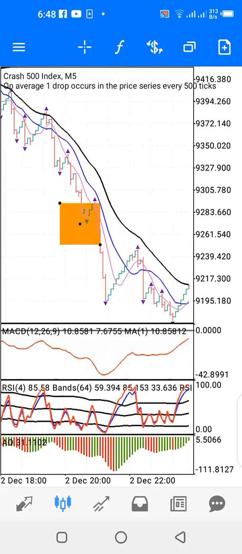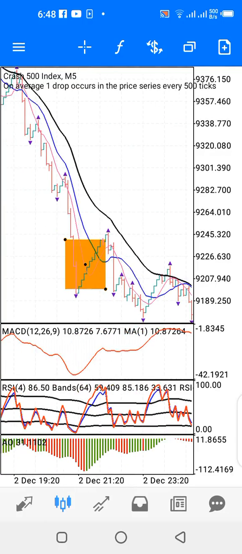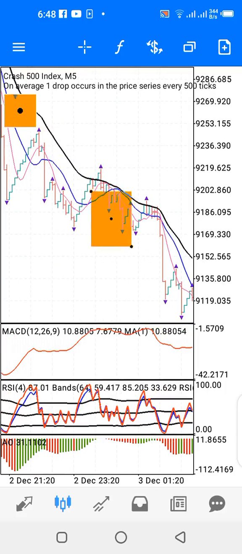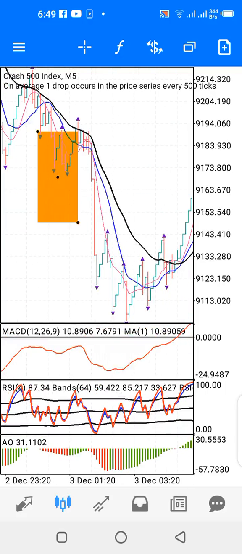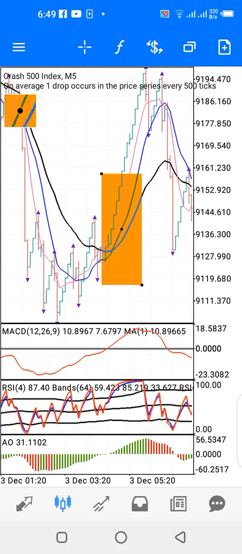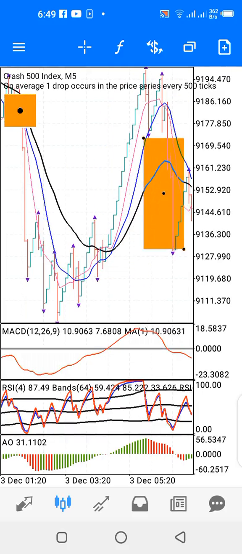The spike happens below the 30 period moving average, which is the black line. As long as price is below the black line, it continues to spike downward. Here it went above, but still spiked, which means the bearish trend continues, until it finally breaks above this particular resistance zone. It continues up, but eventually spikes down.